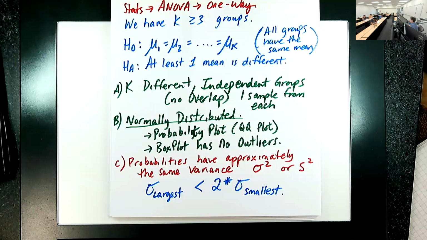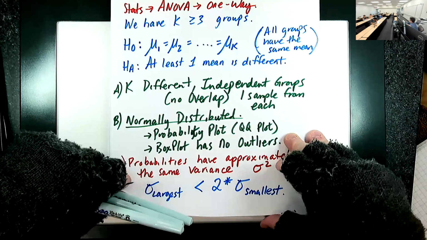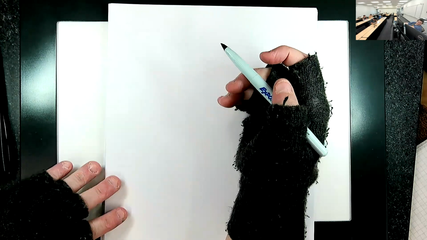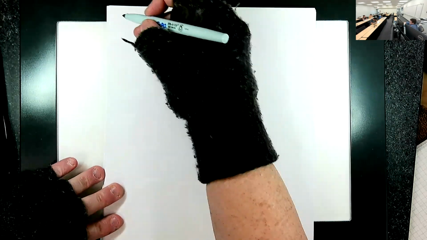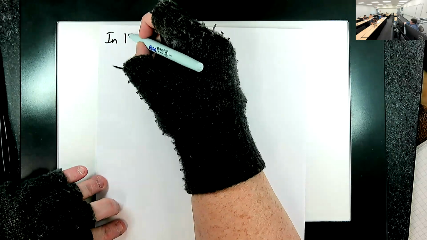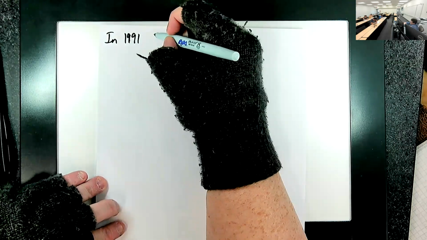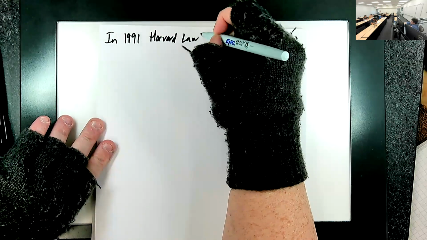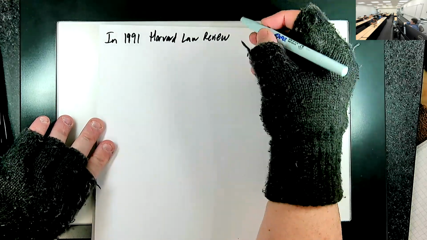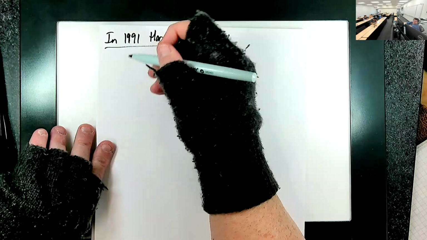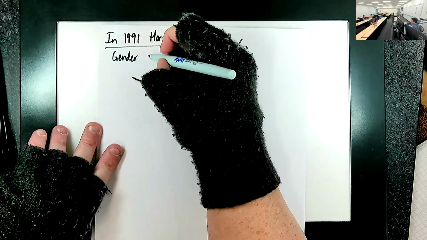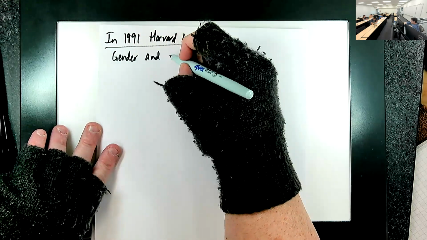You guys ready for a problem? All right, so this was back in 1991. This was in the Harvard Law Review periodical. They wanted to see if there was gender and or racial discrimination in car sales.